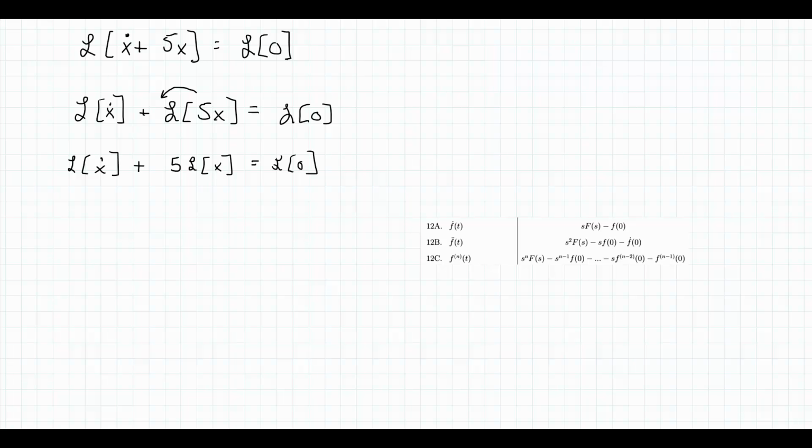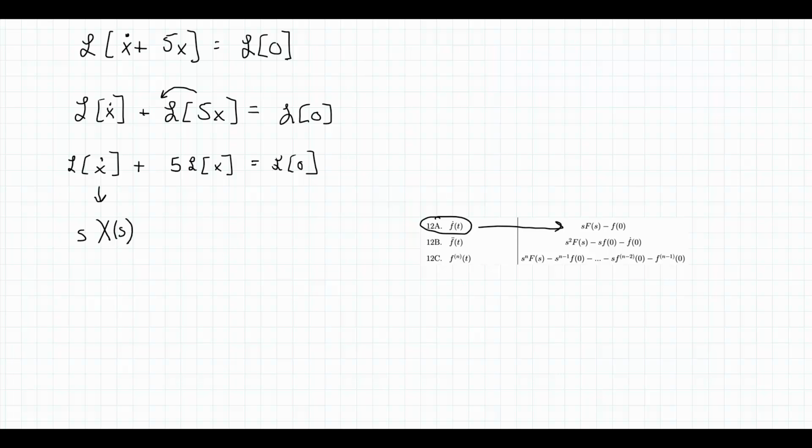That looks like what I have listed here as rule 12a. I'm going from the left side of my Laplace transform table to the right side when I want to go from the time domain into the Laplace frequency or s domain. So this term is going to be 12a. f dot, or in this case x dot, when I take its Laplace transform, goes to s times capital X, which I'll say is X of s for now, but in the future, typically capitalized variables are functions of s, lowercase variables are functions of time.